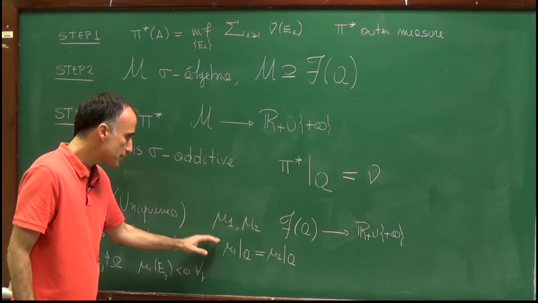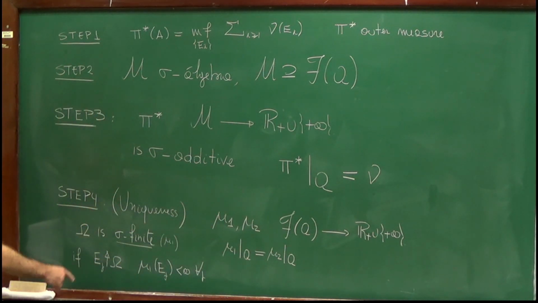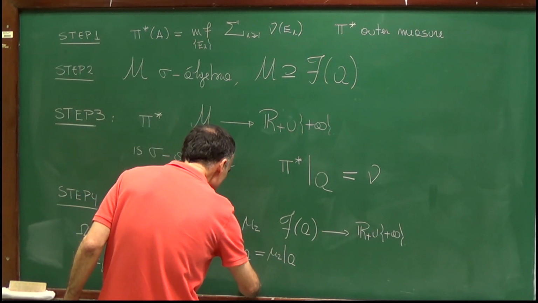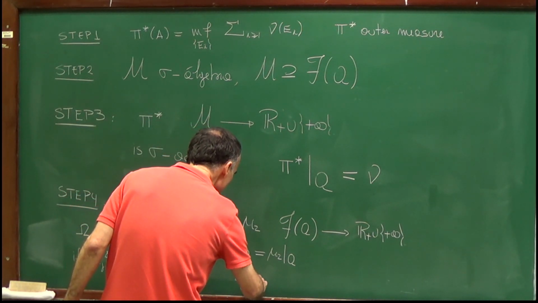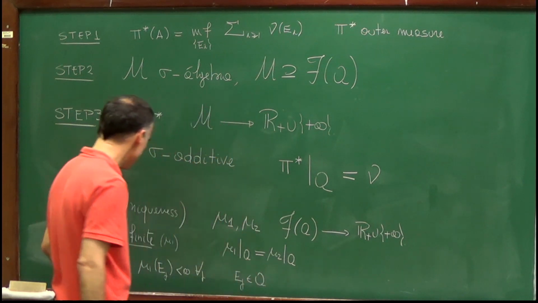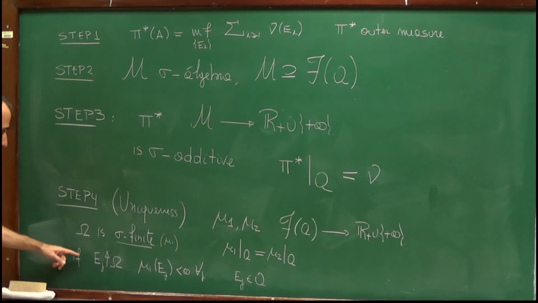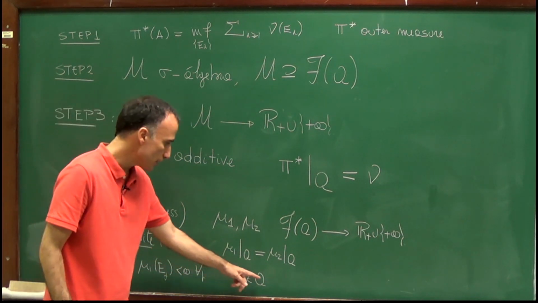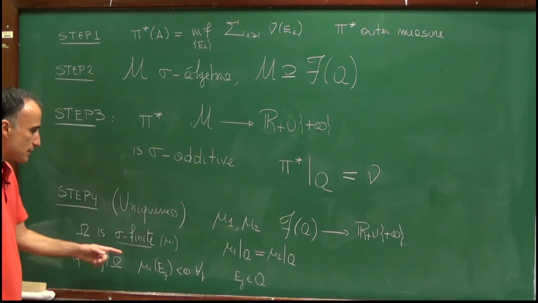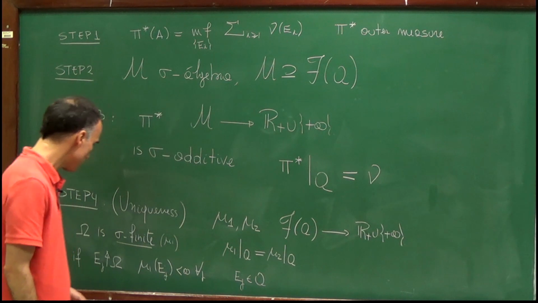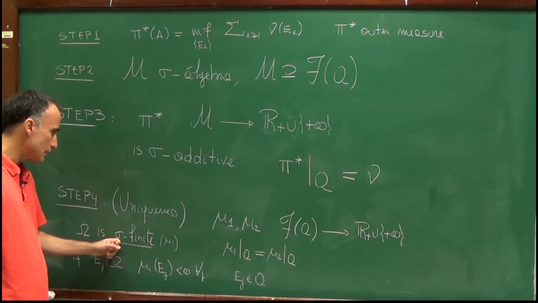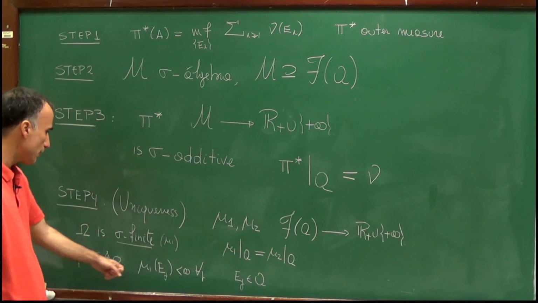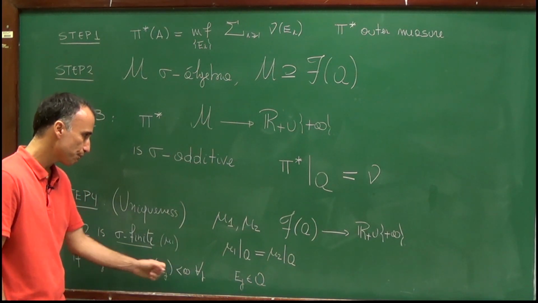But in this last step, we will require additionally that these sets ej, which appear in this decomposition of omega, be all in the algebra. And since they belong to the algebra, the set omega is sigma finite for mu1 if and only if it's sigma finite for mu2, because mu1 and mu2 coincide in the algebra.